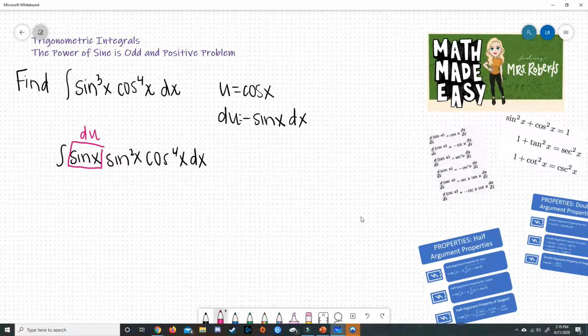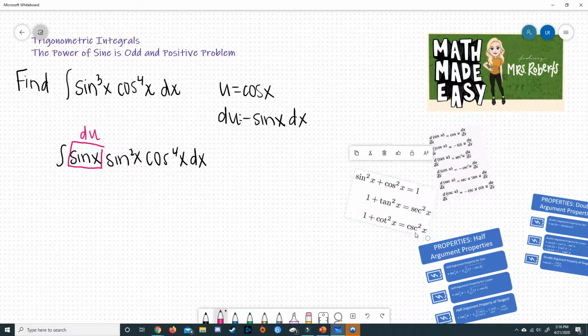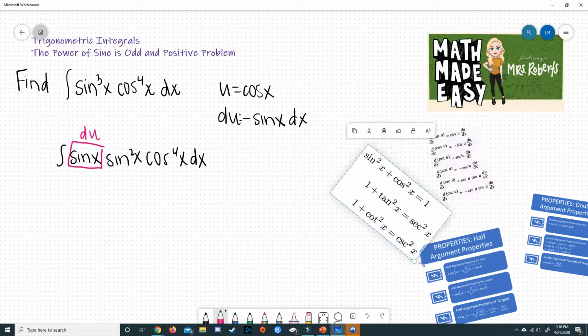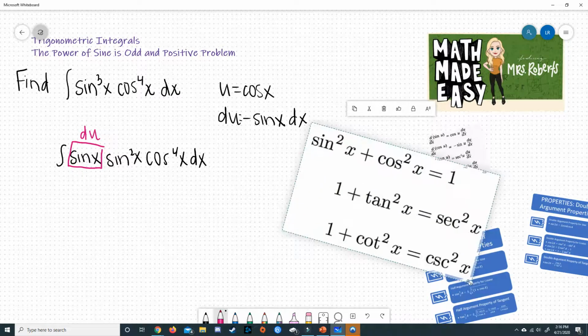Well, if that's the case, I want to get everything else in terms of cosine. Is there any way I can do that? Bingo! Let's use one of these.